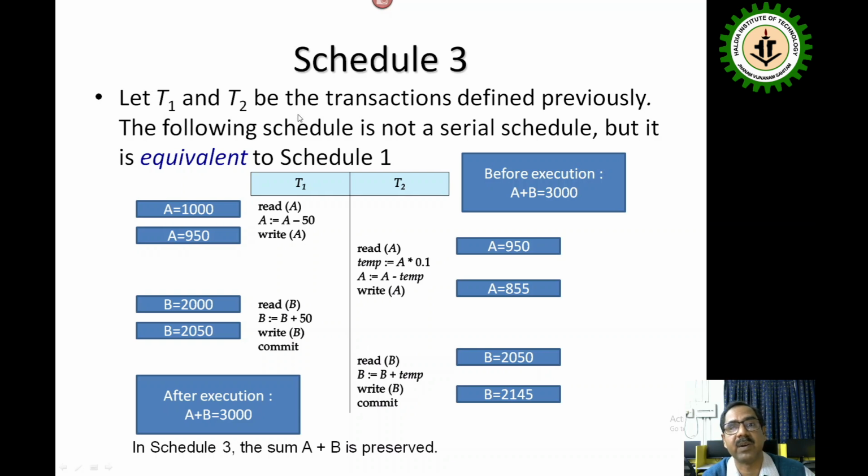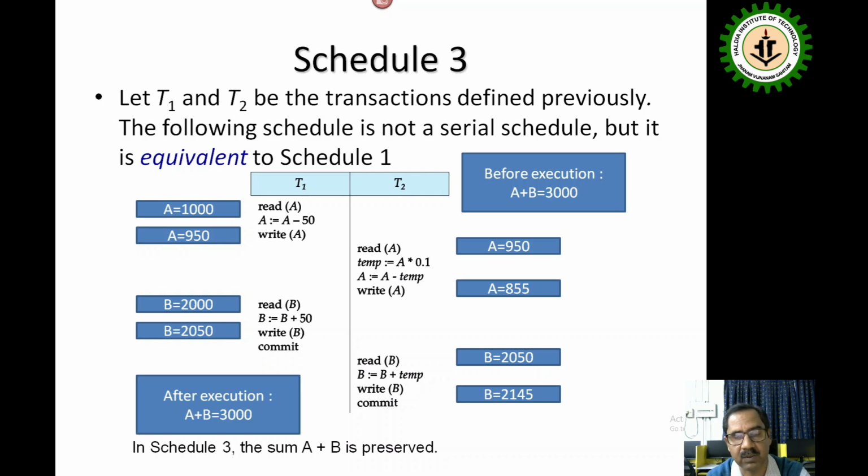Okay, so let T1 and T2 be the transactions defined previously. That means in the same schedule we consider the set of transactions T1 and T2 and the same data items A and B, account holder A and account holder B. We also consider the initial value of account holder A as 1000 and the initial value of account holder B as rupees 2000.